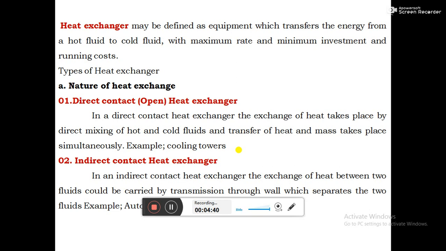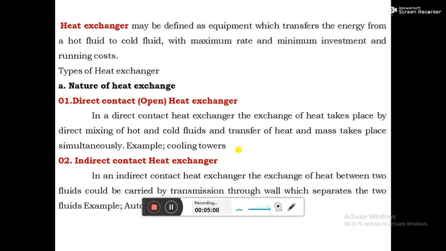An indirect contact heat exchanger is one where there is no direct contact between the hot fluid and the cold fluid. The radiator is a best example for an indirect contact heat exchanger.